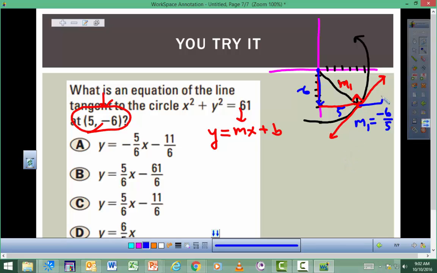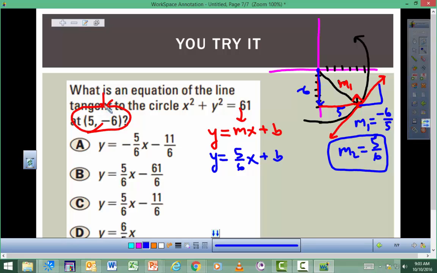Slope number 2 is always the reciprocal of the previous one, so slope number 2 is 5 over 6. And remember, one of these has to be positive, one of them has to be negative. Since that one's negative, the slope that I'm after is 5 over 6. So I have part of this equation figured out: y is equal to 5 over 6 x. But I still need to figure out what b is.